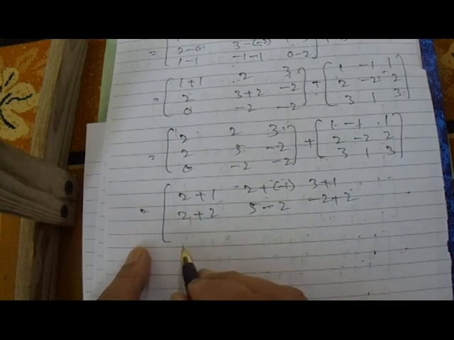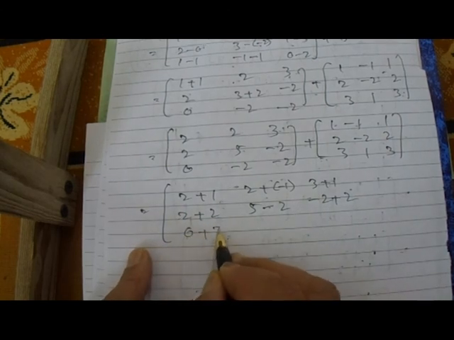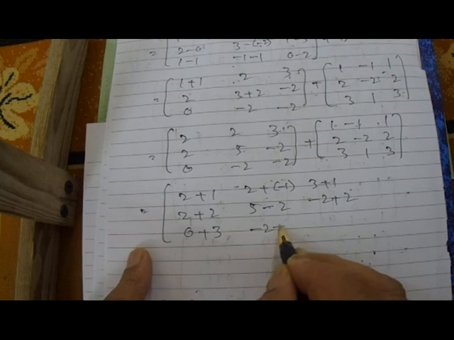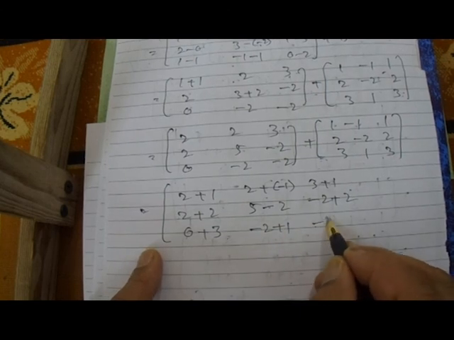This is our 0. 0 plus 3, minus 2 plus 1 and minus 2 plus 3.